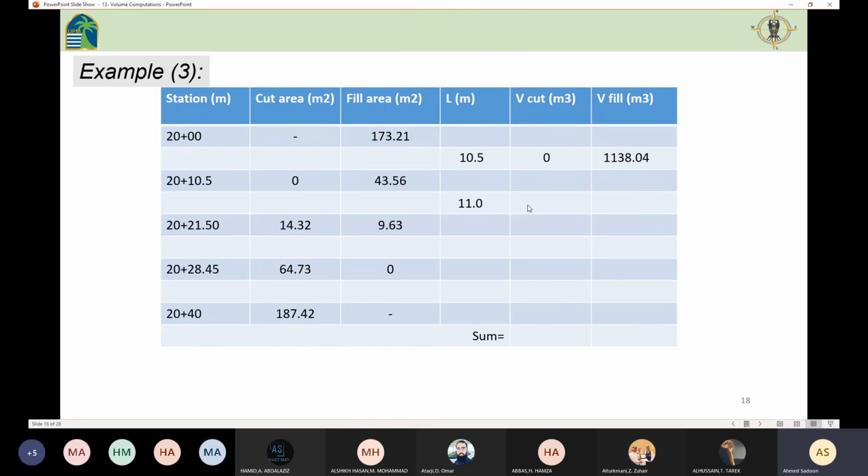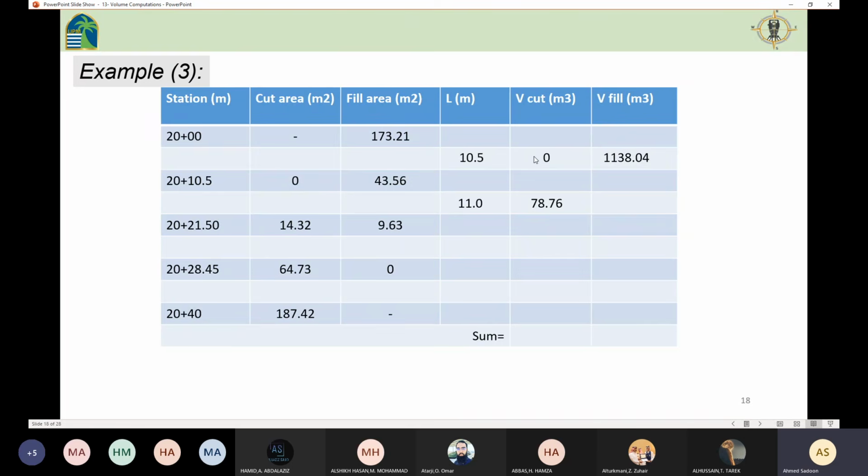Then I need to determine the volume for the cut. Here we started with 0. The cut started here, but here also I have the value for the cut. So this one represents A1 and this one represents A2 for the cut. The volume for the cut is going to be the value of L times the average area, this one plus that one over 2.